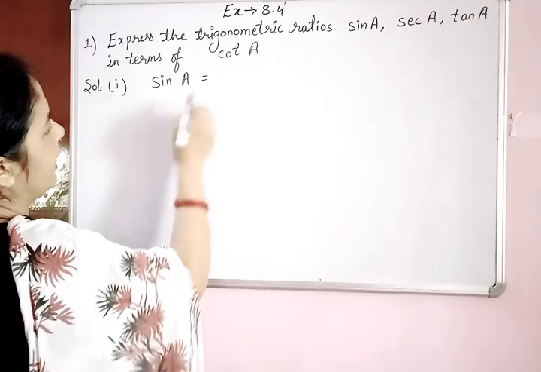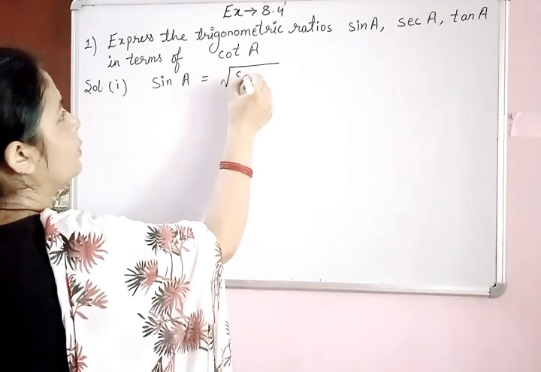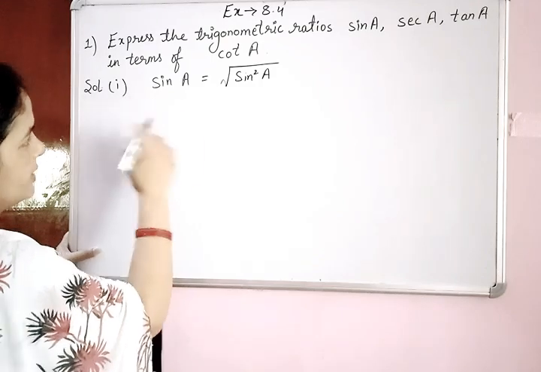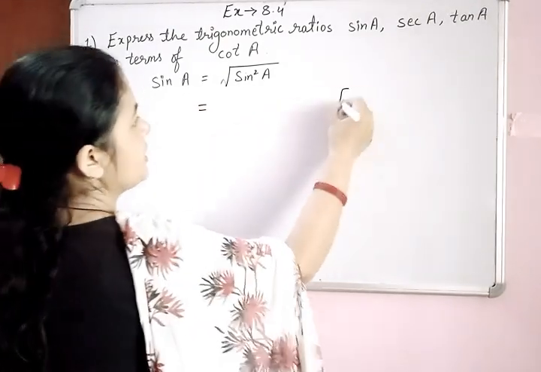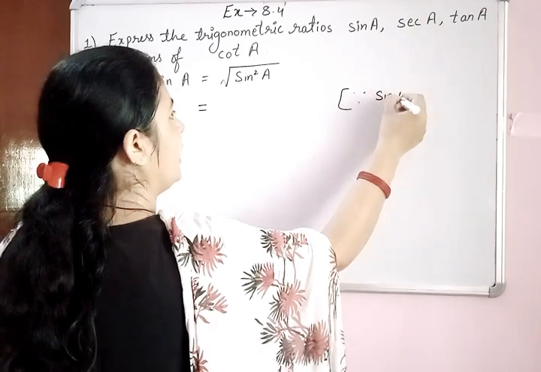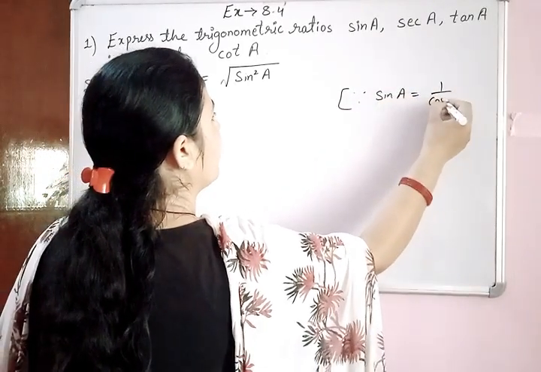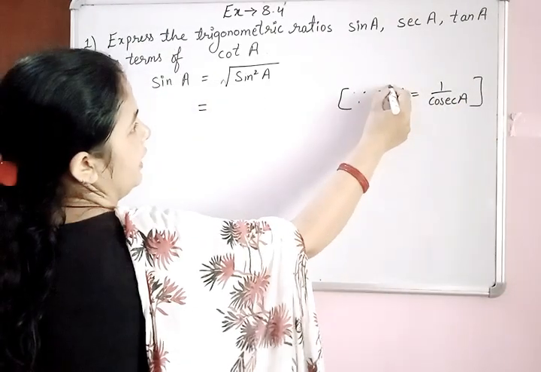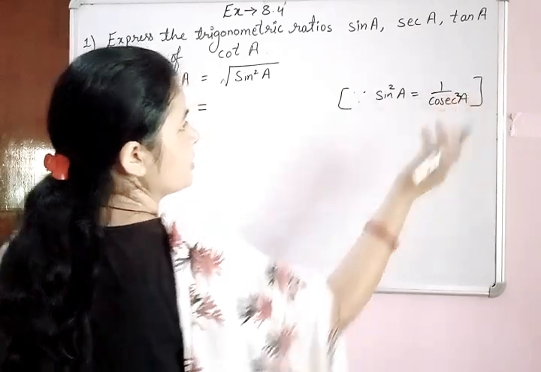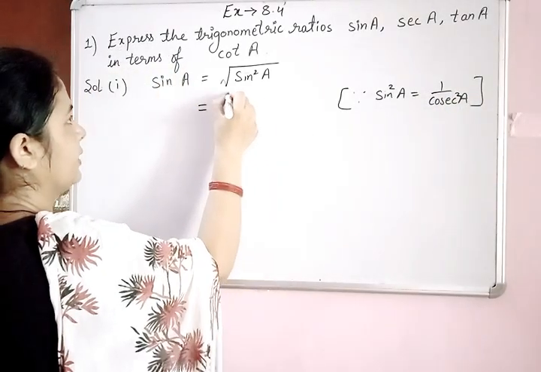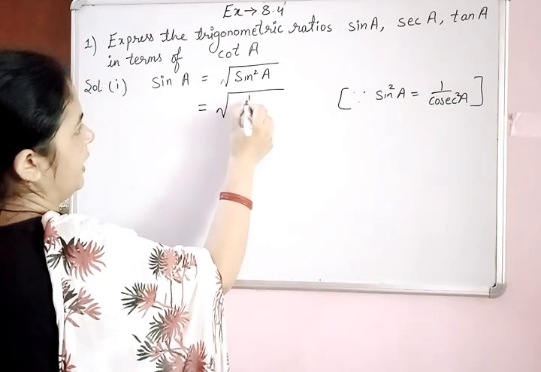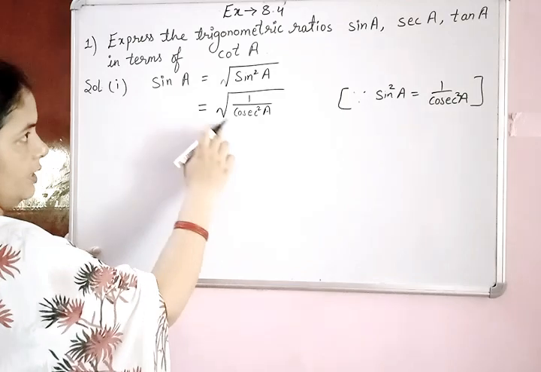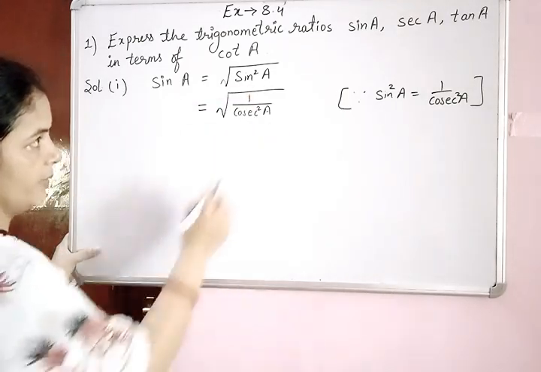We can write sin A as under root sin square A. Clear? Because square root of sin square A is same as sin A. Now, since sin A is equal to 1 upon cosec A, so sin square A is equal to 1 upon cosec square A. So, in place of sin square A, I can write 1 upon cosec square A. So, it becomes under root of 1 upon cosec square A. Clear?